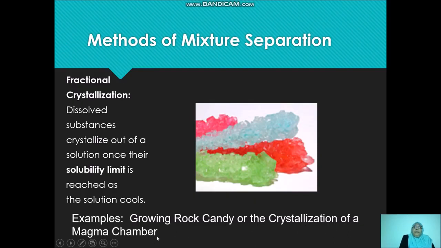If there is a saturated liquid, that means maximal solute in the solvent to make the solution.